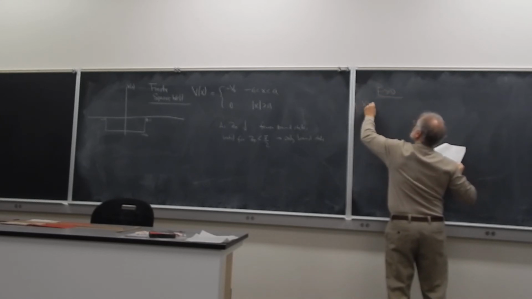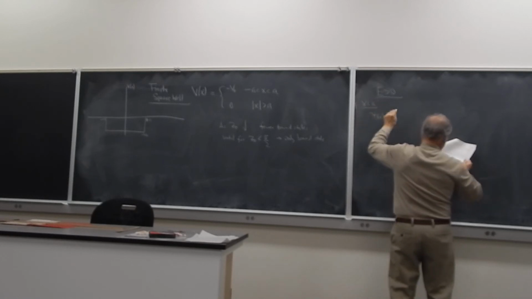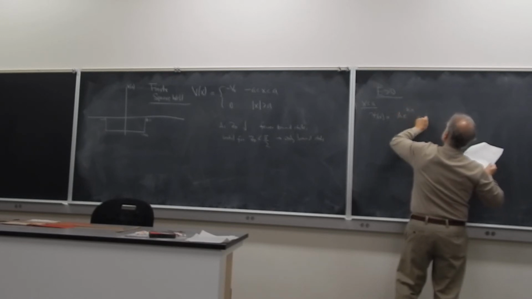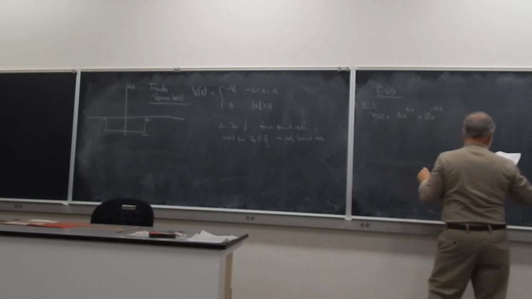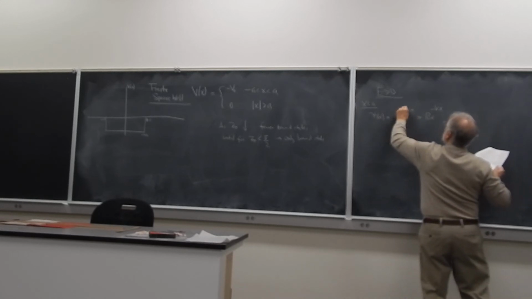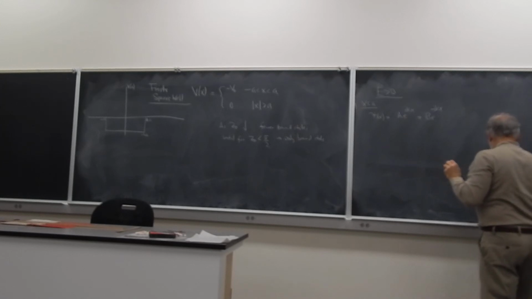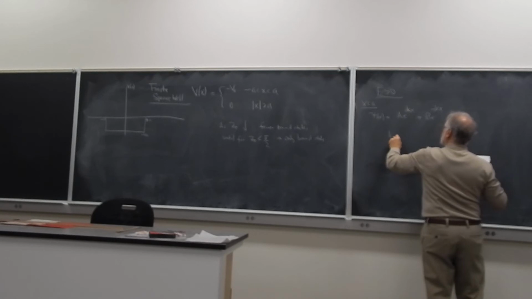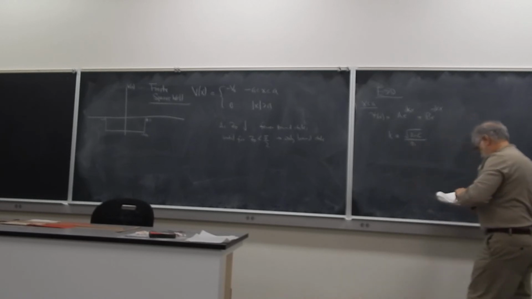For x less than minus a, we get psi of x is equal to A e to the ikx plus B e to the minus ikx, where k, using k, not kappa, is defined as the square root of 2mE over h bar.